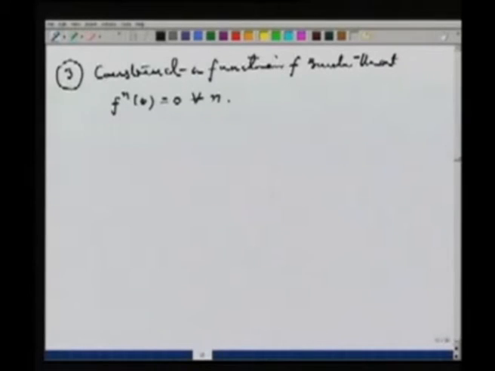Suppose I do this, then the Taylor series converging to the function would mean that f(x) equals the summation n from 0 to infinity of f^(n)(0) by factorial n into x to the power n. But I know that f^(n)(0) is 0. That means the right hand side is actually equal to 0.